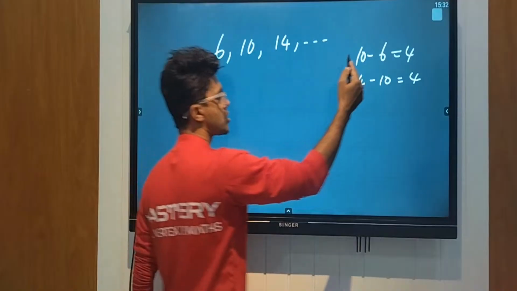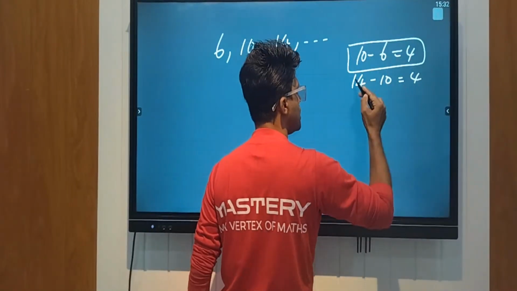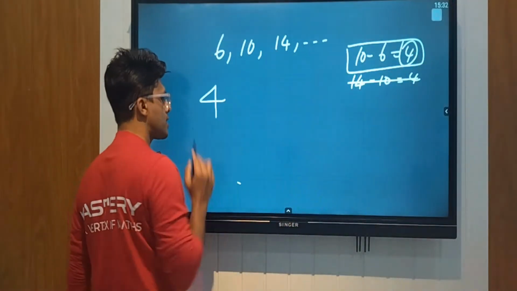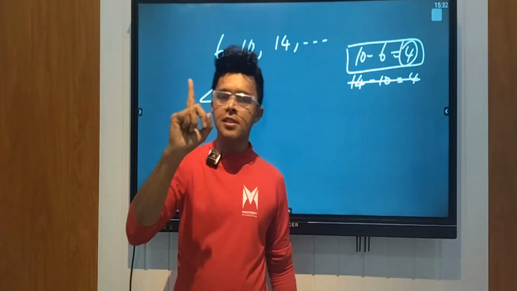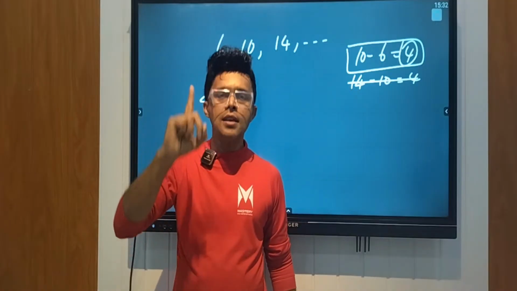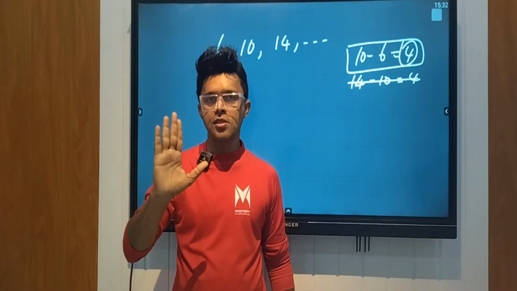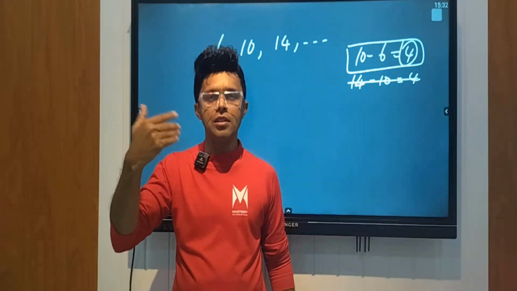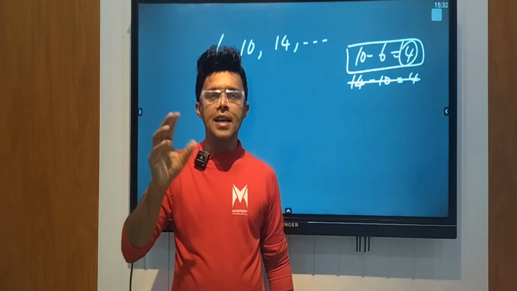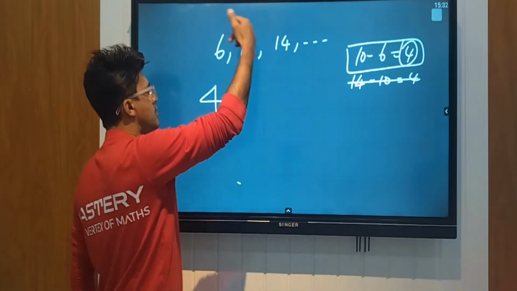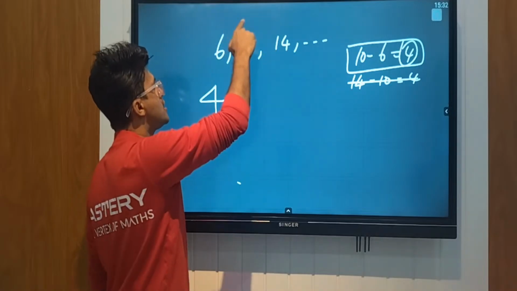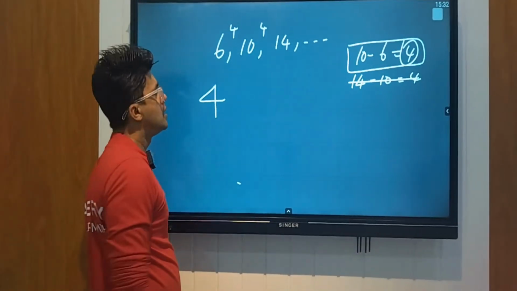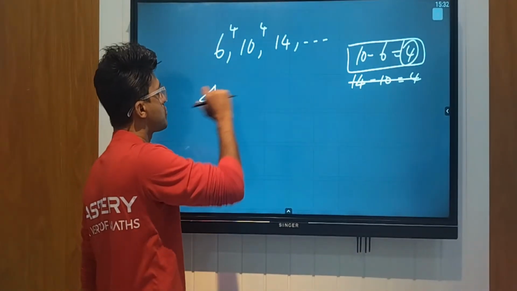That's the first step, writing the difference. The value taken to get the other term: 6 plus 4 is 10, 10 plus 4 is 14. So the common difference is 4.